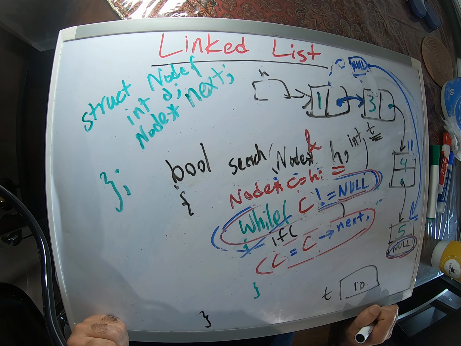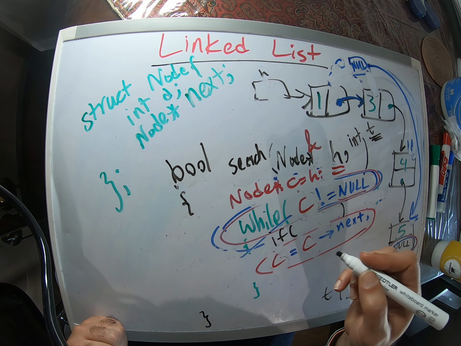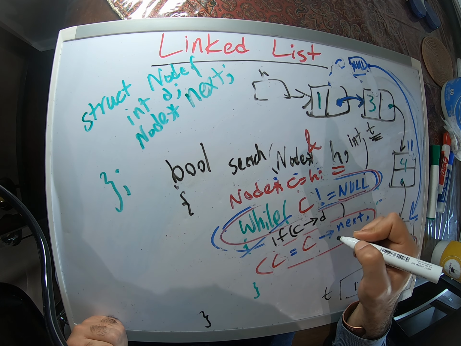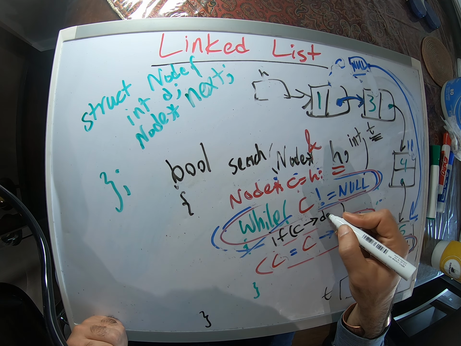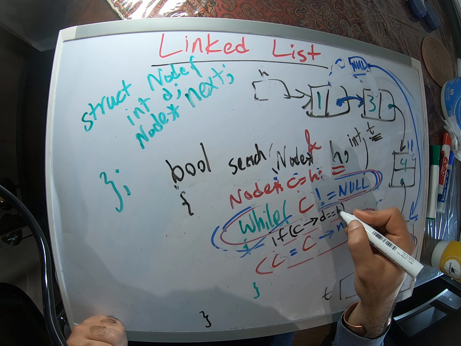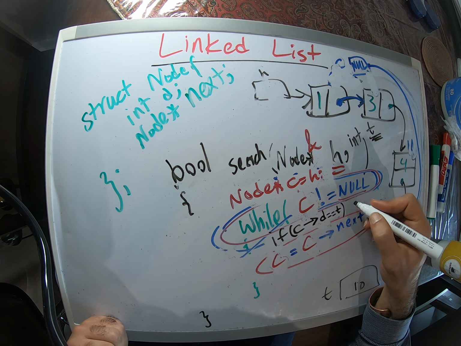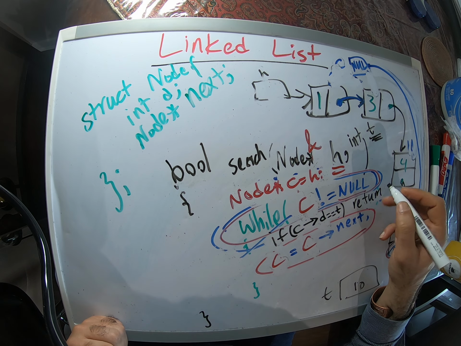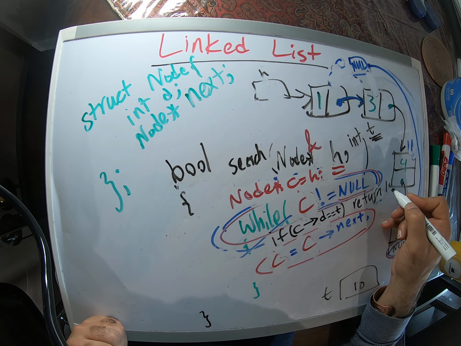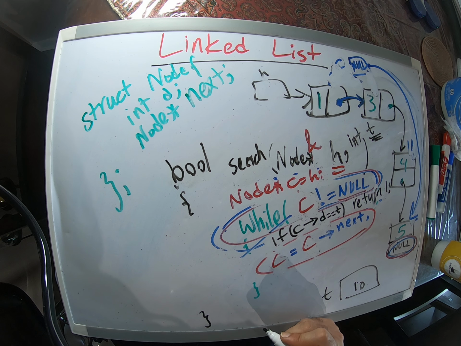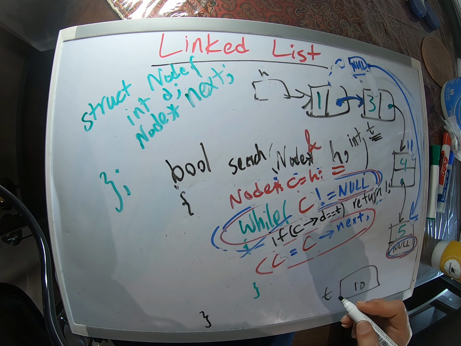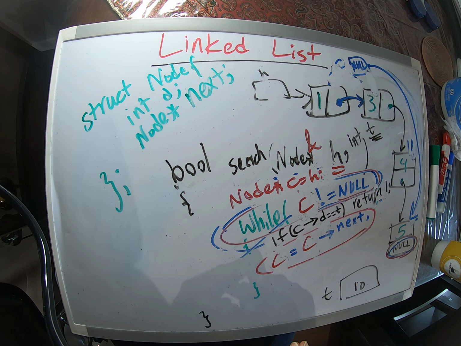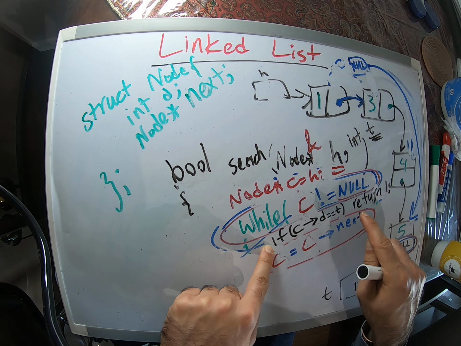I'm going to write if C arrow data is equal to target, return true, return 1 or true, right? Otherwise, a very bad mistake that some students make is writing else return 0.